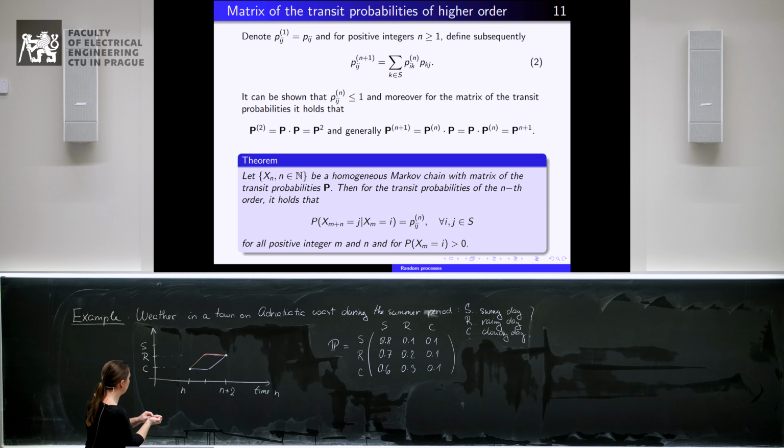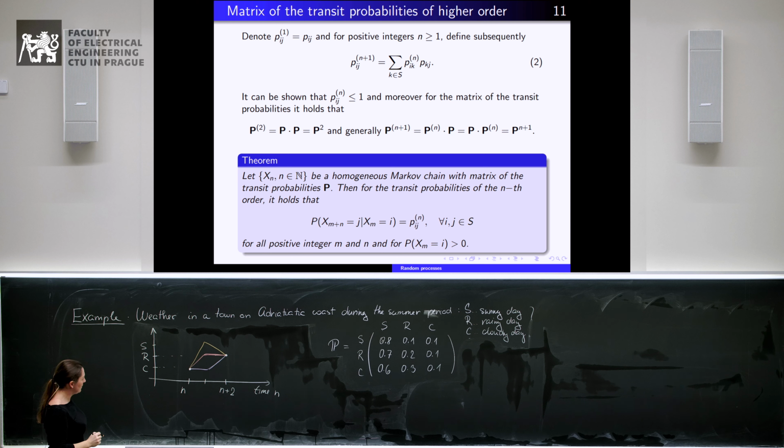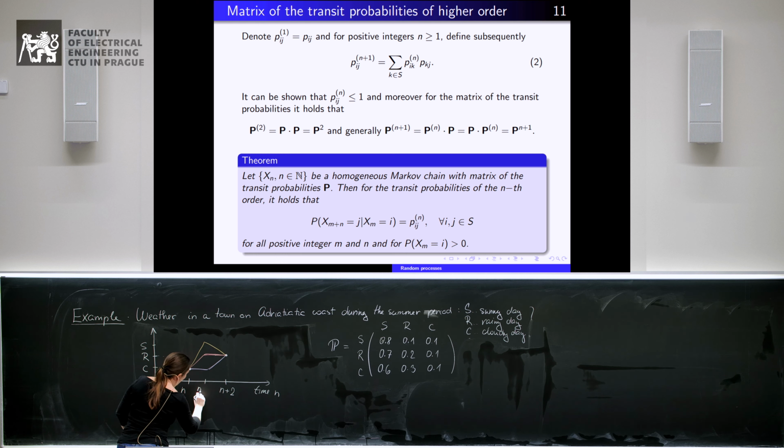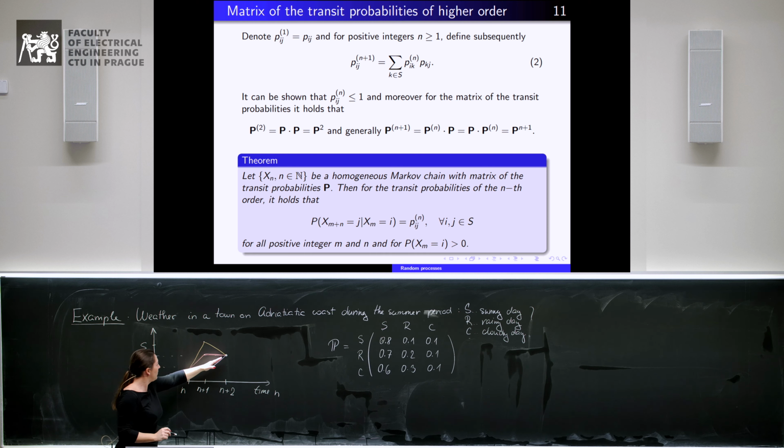Or it can happen that it is cloudy today, it will be sunny tomorrow, and then from the sunny day we will fall down to the rainy day. So in fact, we considered 3 situations, what can happen on the day between. And all these 3 evolutions give us the situation that when it is cloudy today, it will be rainy in 2 days.